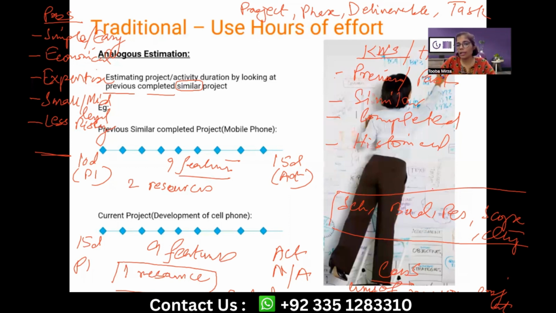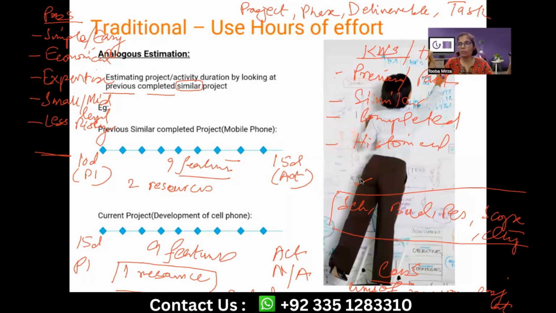However, at least, like I said, these critical constraints of the project should be similar for the previous project and for the current project, for analogous estimation. And accordingly, like I already said, small to mid scale or smaller scope of work are usually best suited for this estimation.